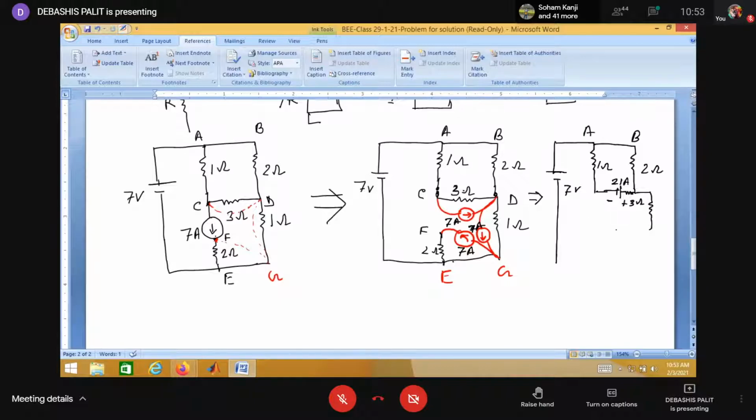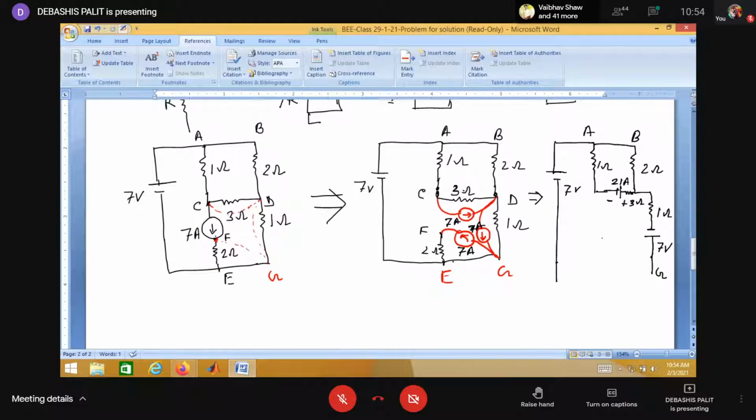Then D to G point, the current is driven, that is also 7 ampere. So polarity direction will be the same, so the current should flow from D to G point. So at G point, 7 ampere into 1 ohm, that is your 7 volt, and 1 ohm resistance. Now G to F point, that is also a parallel resistance.